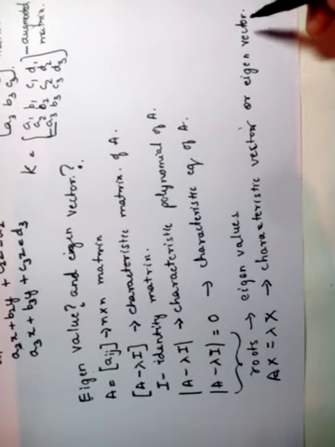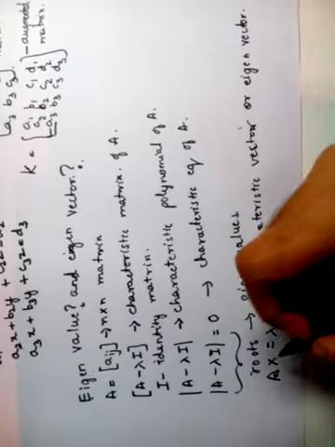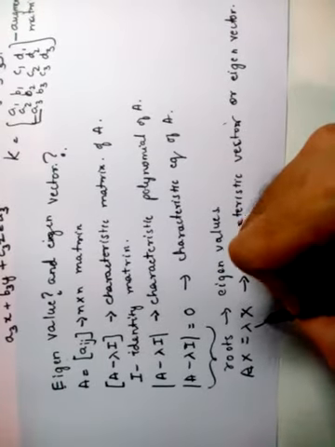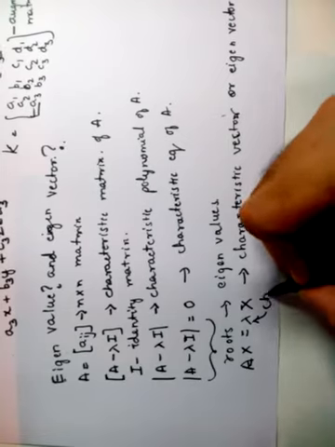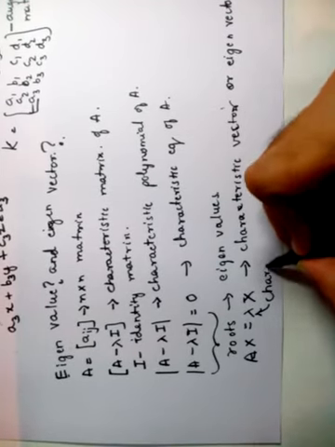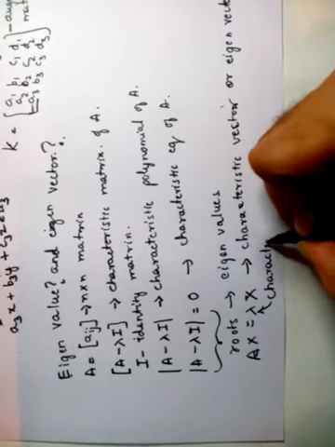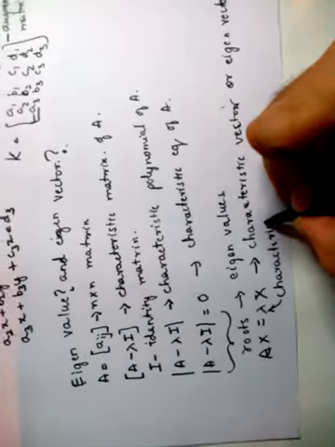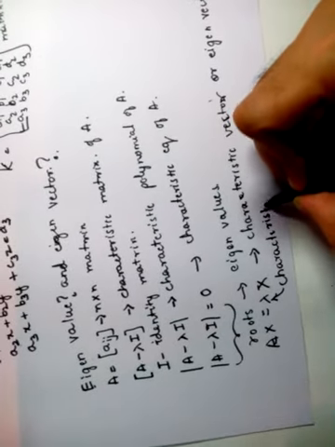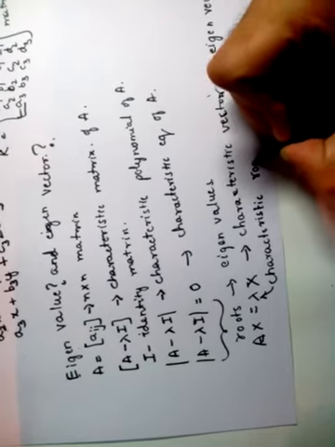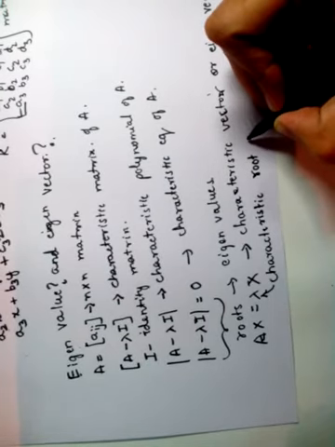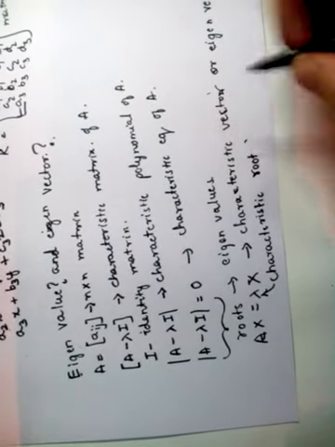It is called an eigenvector of A corresponding to the characteristic root lambda.